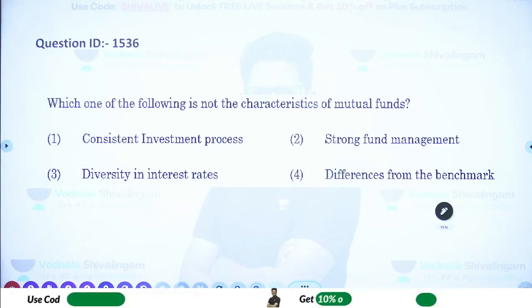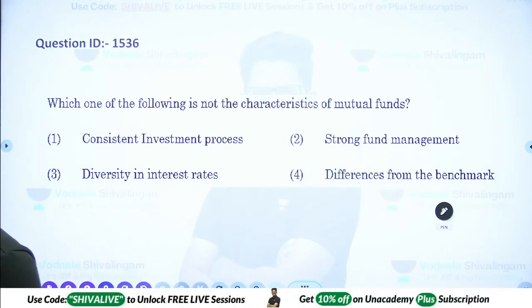Which of the following is not a characteristic of a mutual fund? General question.